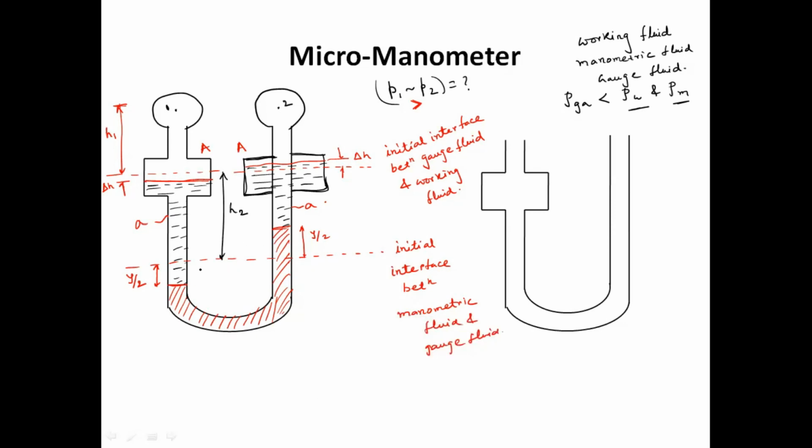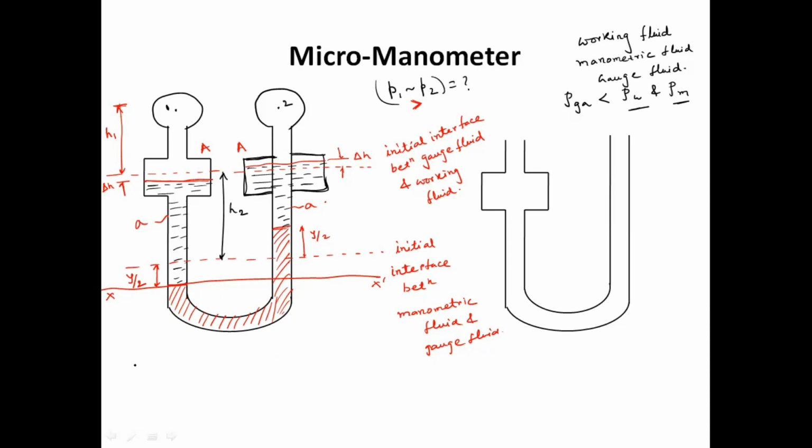Here the difference is very small, but because of the gauge fluid, we create the difference Y. The measurable quantity can be Y, and this is your reference axis, about which you will measure.